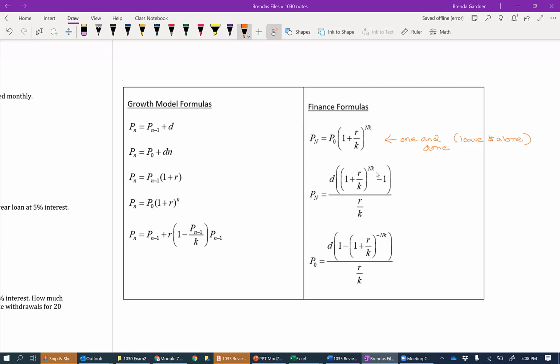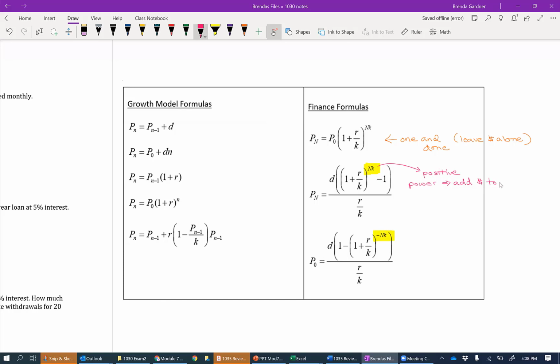The second formula here, I like to distinguish the next two formulas by the power. If it has a positive power, that means you're adding money to it.